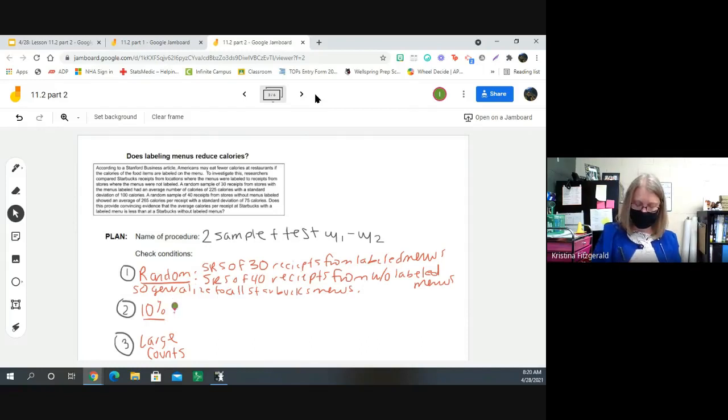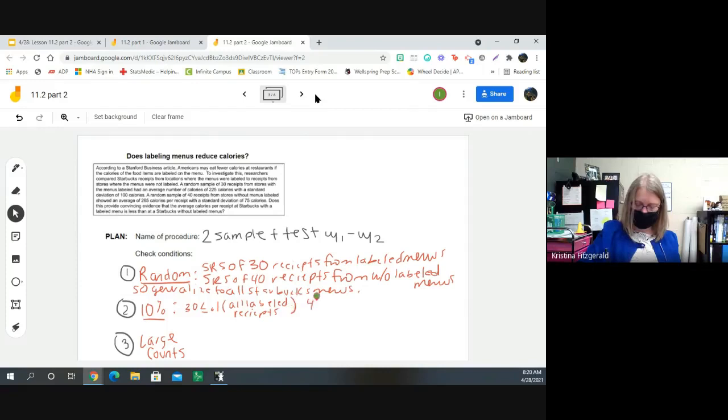Okay, we're going to assume 30 Starbucks receipts has got to be less than 10% of all the Starbucks receipts from labeled menus. So sampling without replacing, we look at the receipt, get the calories, and we're not going to put it back because we don't want to pick it twice. So we assume it's less than all labeled receipts.